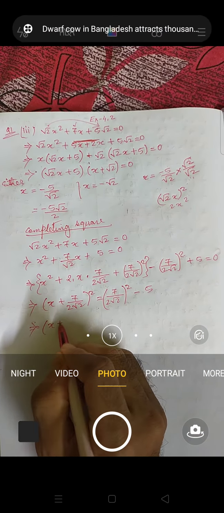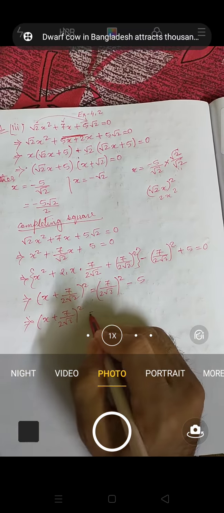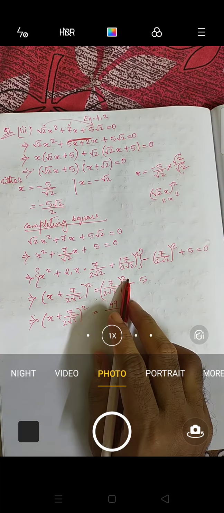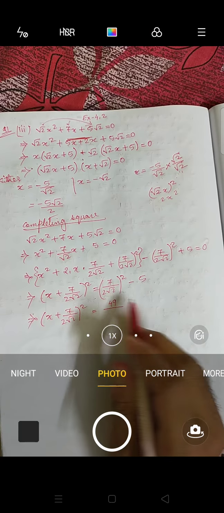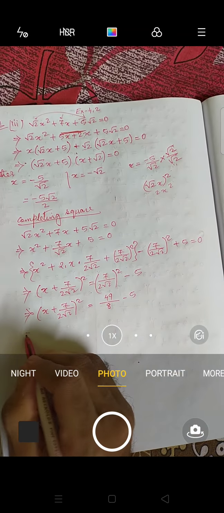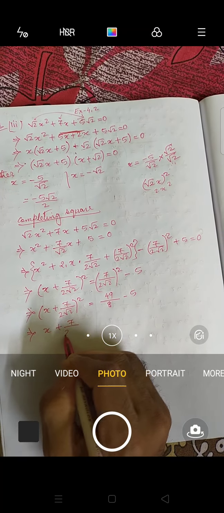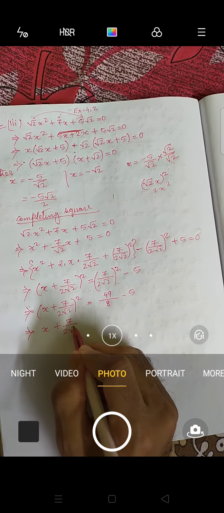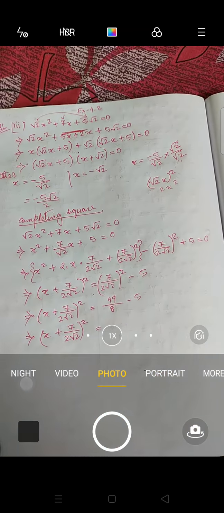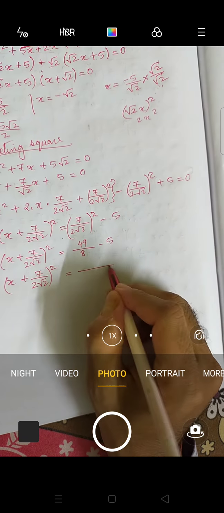Now this is (x plus 7 by 2 root 2) whole square equals to 7 square is 49, and this one 2 square is 4 and root 2 square is 2. So 4 2s are 8 minus 5. Now this one, (x plus 7 by 2 root 2) whole square equal to, we will take the LCM, so 8.